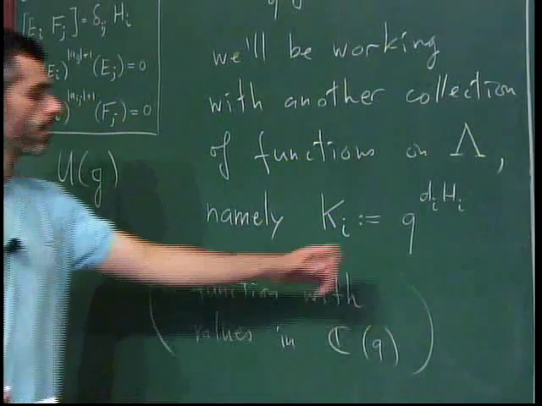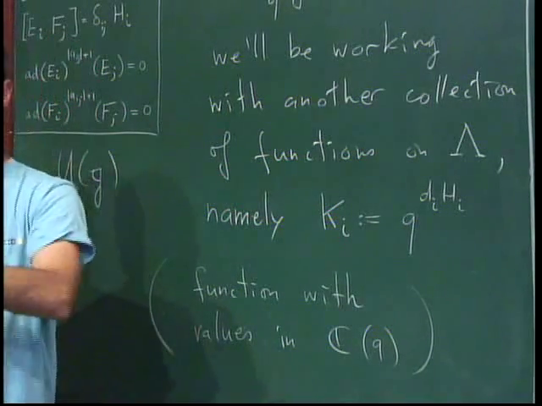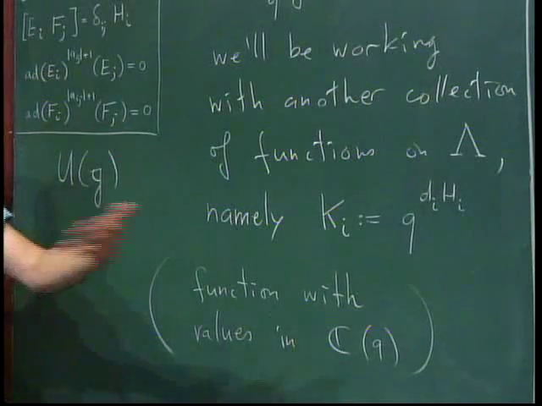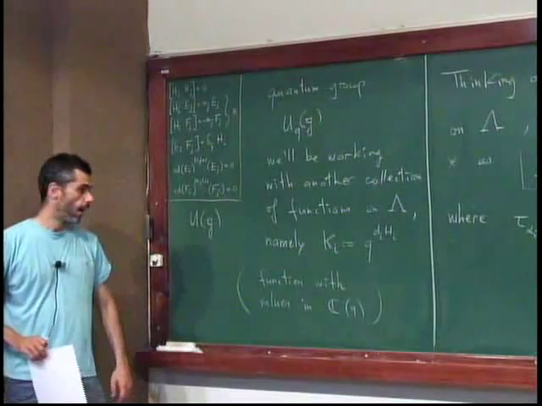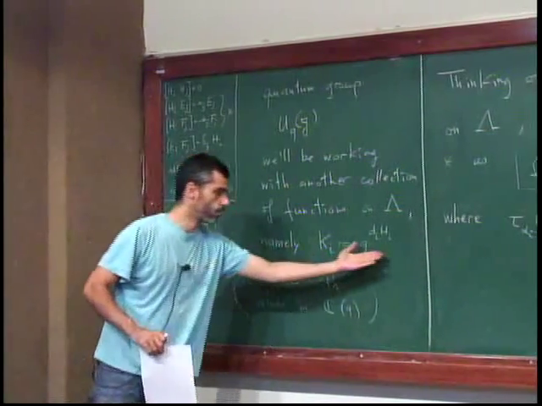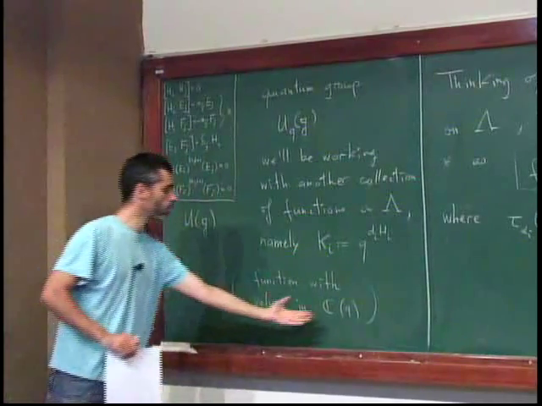You can view q as being a particular number, in which case it's a function with values in C, or you can view q as being a formal variable, in which case it's a function with values in Laurent polynomials, Z adjoin q, q inverse.